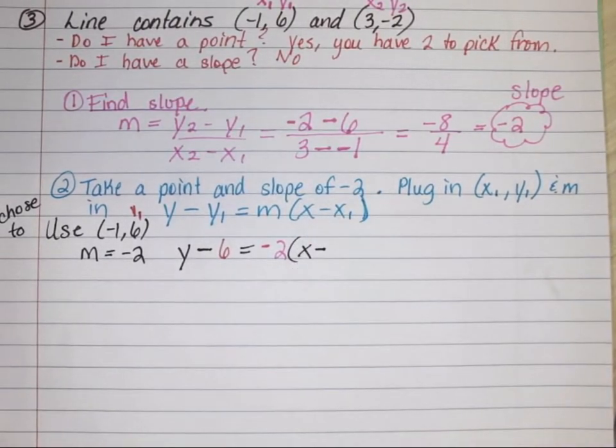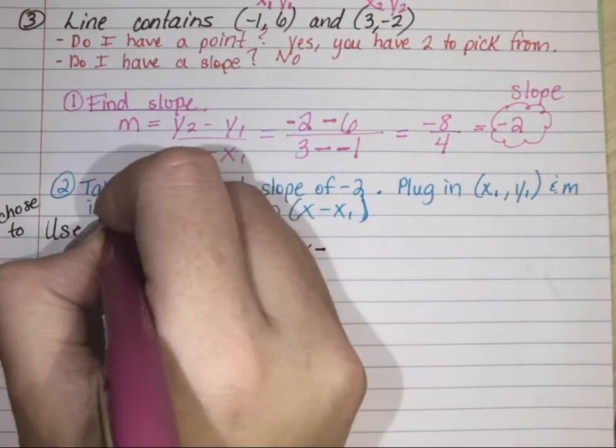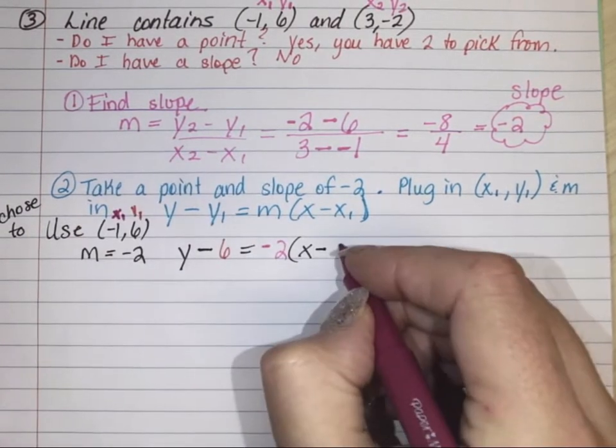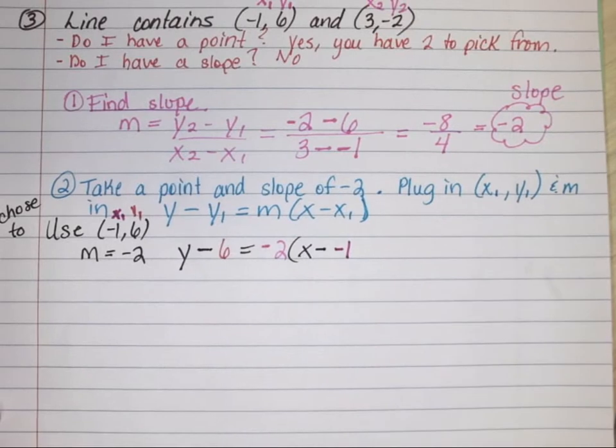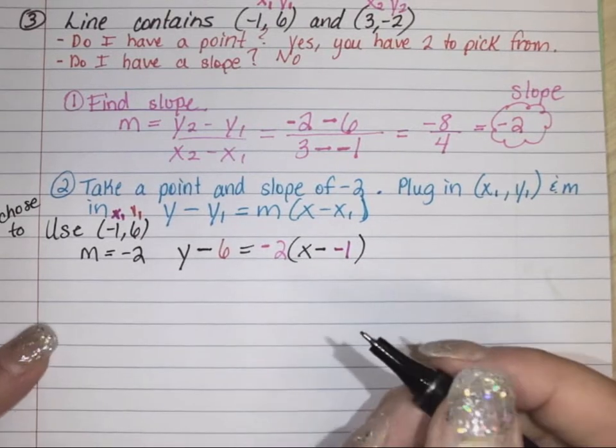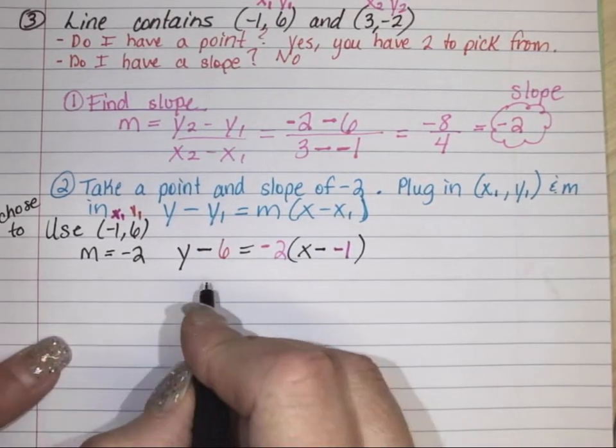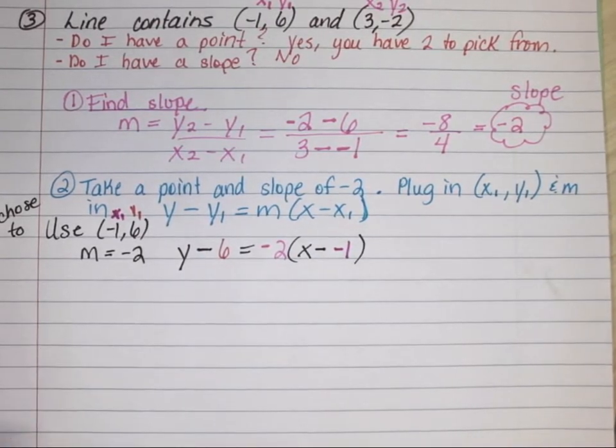Plug in your x1 of negative 1. Okay, from here, I'm going to show you what it will look like if you left it in point slope form, slope intercept, and standard form. So pay close attention to your directions in your assignment.